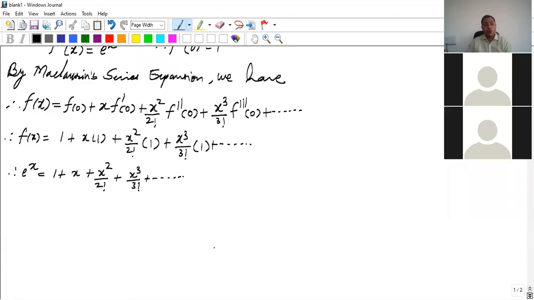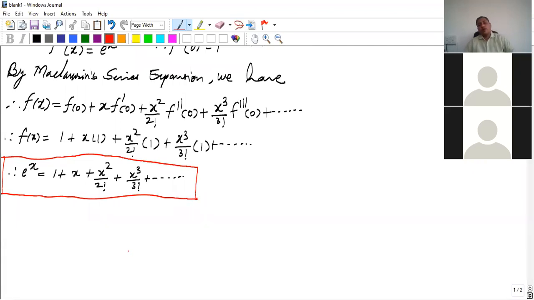This way we are able to get the Maclaurin series expansion of the function f of x is equal to e raised to x.